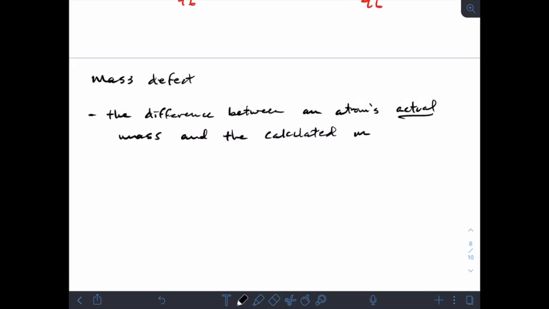I said neutrons, I meant nucleons. And just to clarify, when we say nucleons, we're talking about the protons and the neutrons.